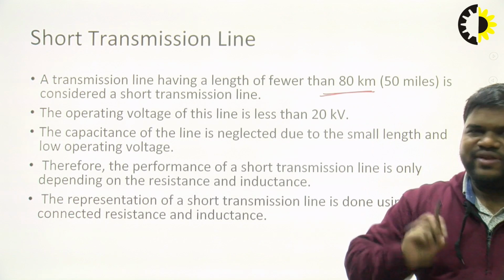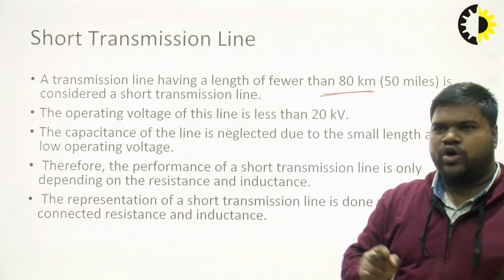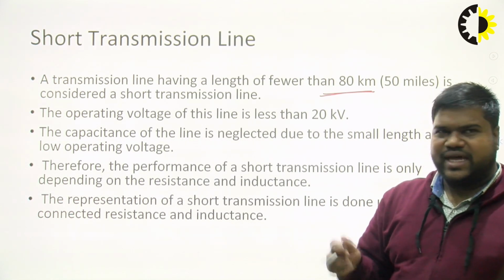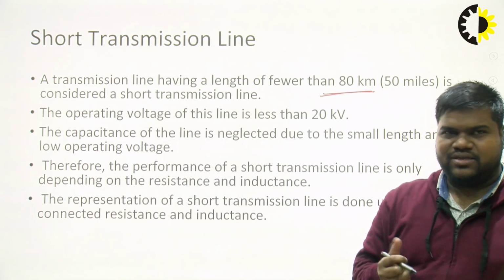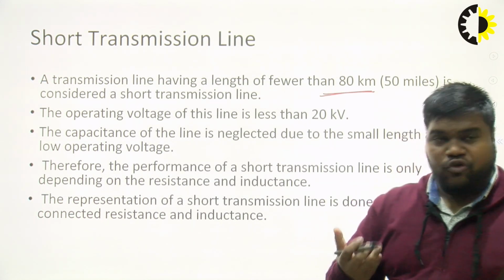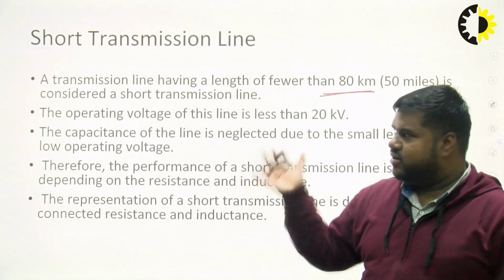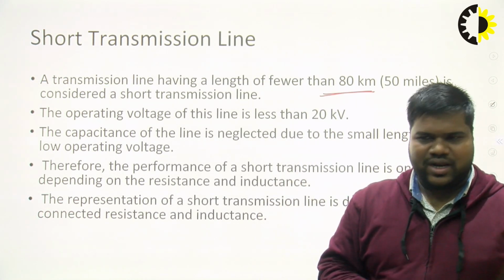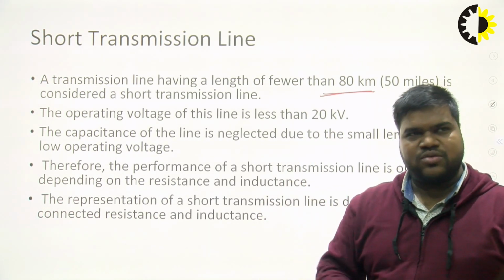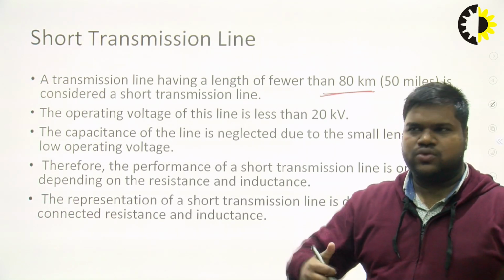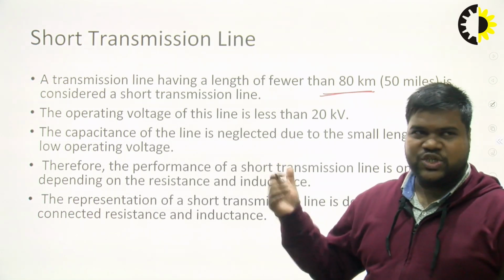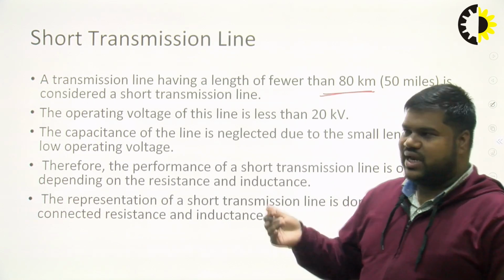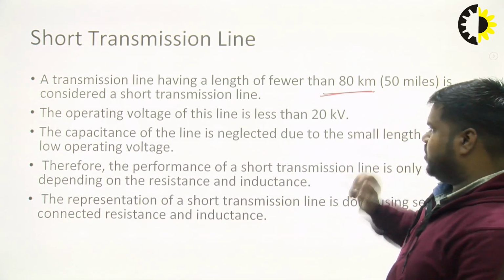For every line, short, medium, and long, the length range and the voltage level are defined. So these are the responsible parameters to choose the suitable line. In the short transmission line, the length is 80 kilometers.